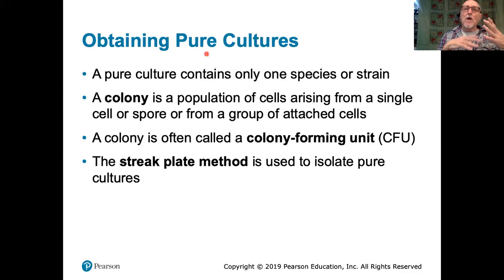On the other hand, we may be looking at a mixture of bacteria and trying to pick out the component bacteria, then grow them sufficiently in a pure state that we can analyze them and identify them. In either case, we're going to require pure cultures which contain only one species, or sometimes higher than species, one strain, one bacterium with one particular characteristic.